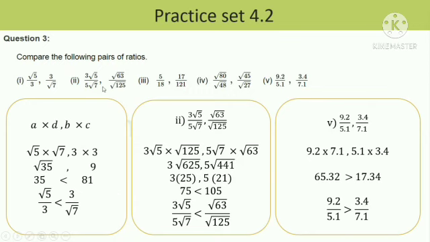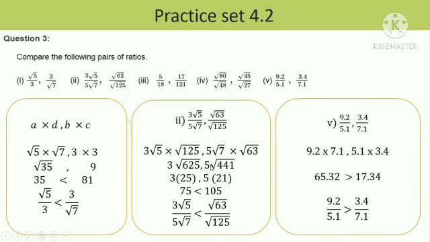Now similarly see the second question. 3 root 5 upon 5 root 7 comma root 63 upon root 125. Again we will do the cross multiplication. 3 root 5 into root 125 comma 5 root 7 into root 63. After the multiplication, what you will get? 3 into 5 into 125, 625.